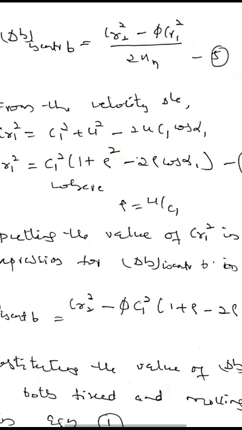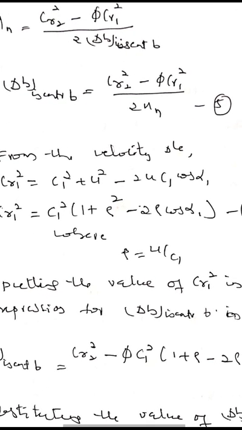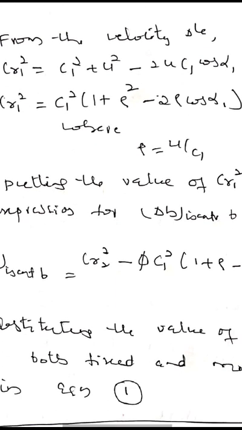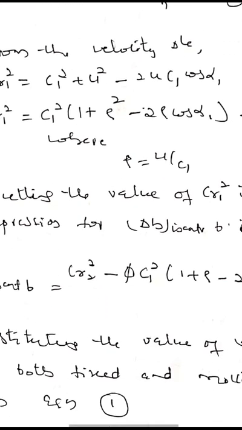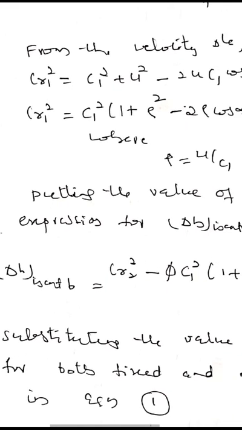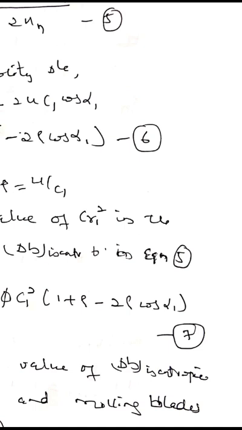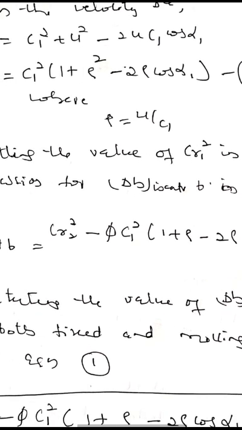Substituting the value of CR1 square in equation 5, we will get delta H isentropic blades equal to CR2 square minus phi CR1 square divided by 2 eta n, which is CR2 square minus phi C1 square times 1 plus rho square minus 2 rho cos alpha 1, equation 7.